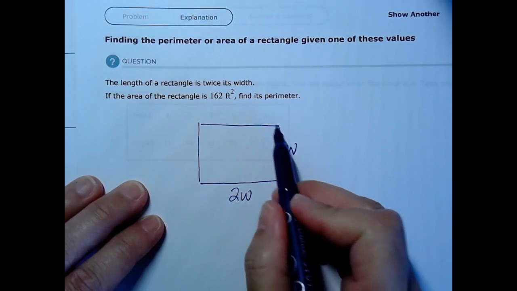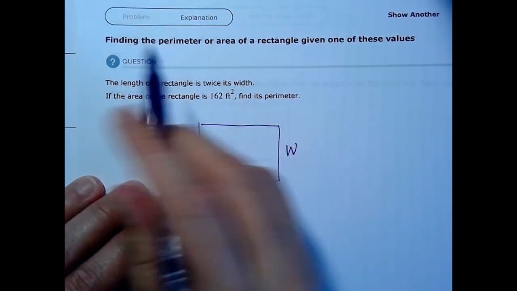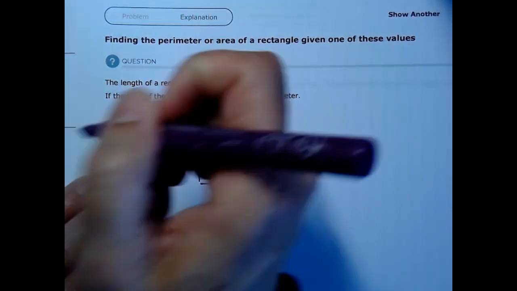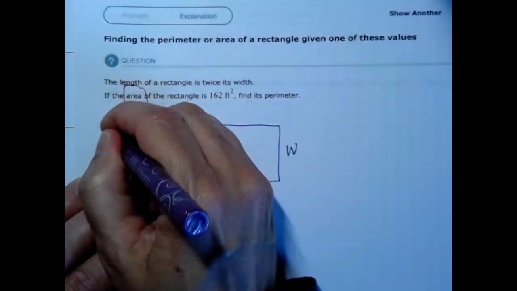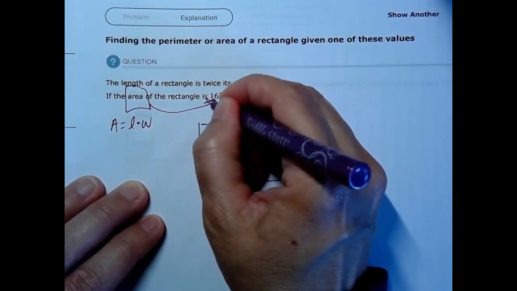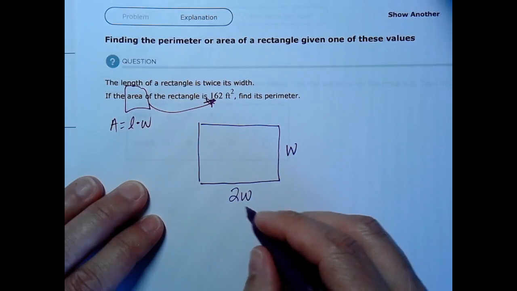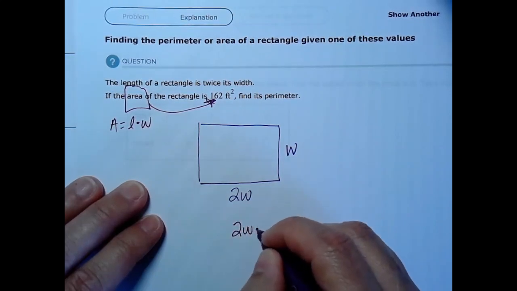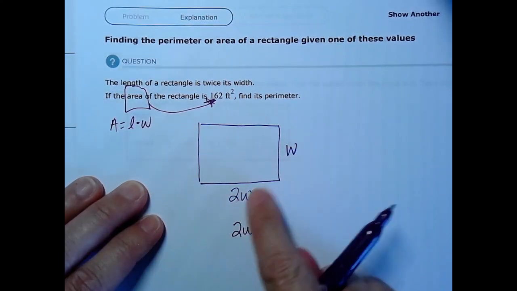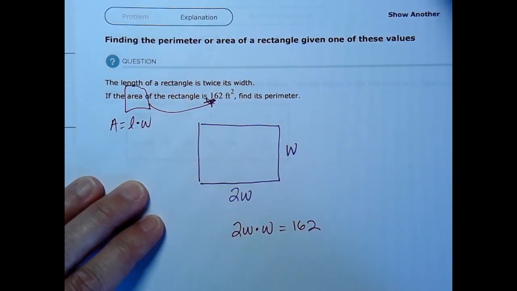This time, eventually I'm going to find the perimeter, but the problem gives me the area. I know that area equals length times width, and the length times the width is 162.